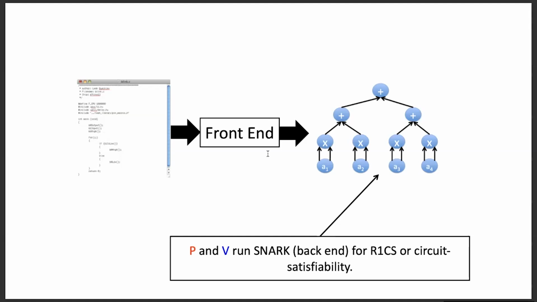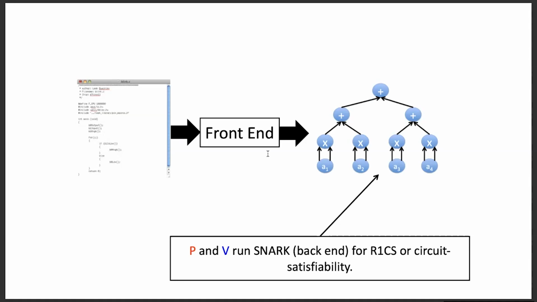The front end will transform that computer program into an equivalent representation, typically something like a circuit satisfiability instance, because circuits are easier for the SNARK proof machinery to be applied to than directly to some high-level computer program. And then the SNARK for circuit satisfiability, or variants or generalizations of that used in practice, is called the back end of the system.